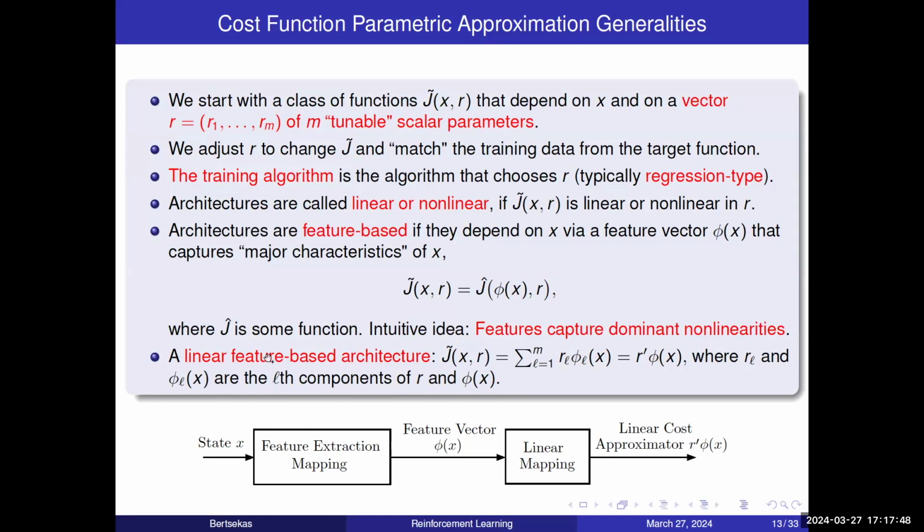When applying this linear feature-based architecture, given a state, we first construct its features by going through this feature extraction mapping. After that, we obtain this feature, phi of X, which should capture some key characteristics of the state, and then we linearly combine those feature components to get a linear cost approximation R prime phi of X.